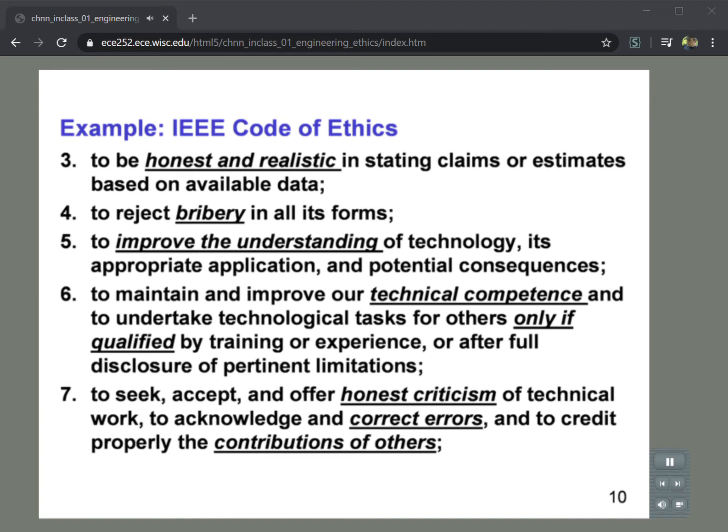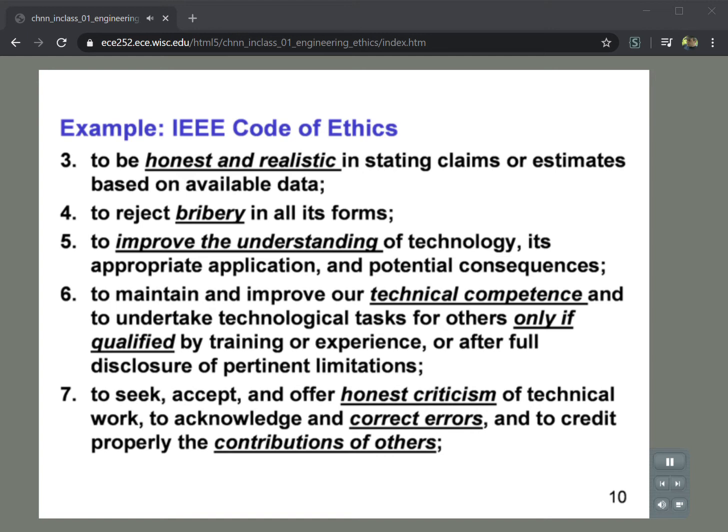Third clause of the IEEE Code of Ethics then calls us to be honest and realistic in stating claims or estimates based on available data. So one of the big jobs that we as engineers will do is we will be asked to estimate or make claims about particular attributes or features of products.